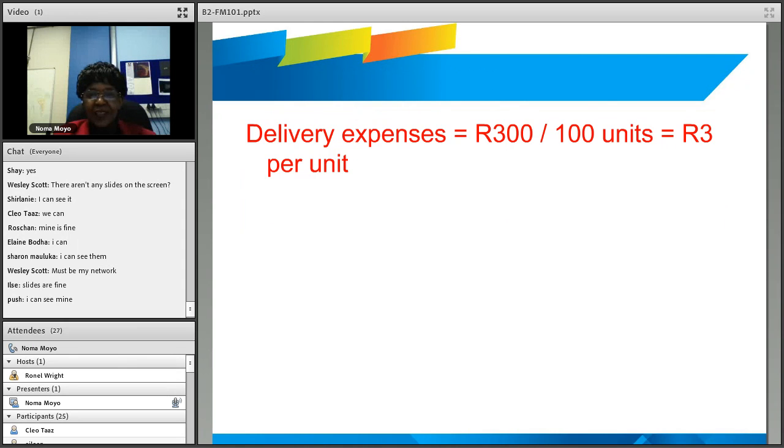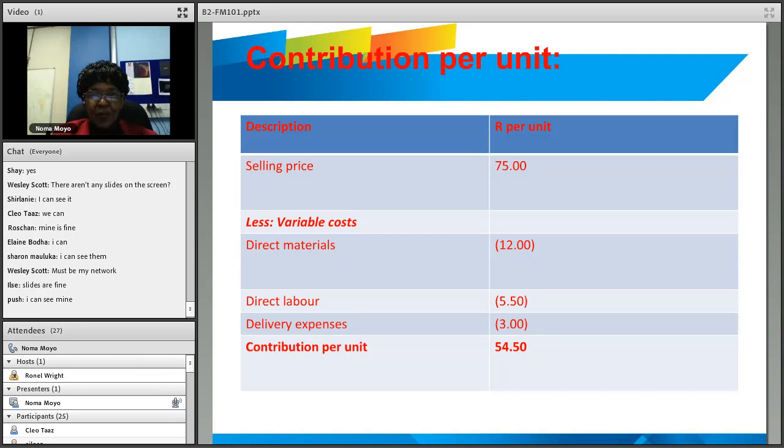What is our variable cost per unit? Our variable cost per unit is going to be 12 rands for materials, plus delivery expenses, which is 3, and then we have our direct labor, which is 5.50.